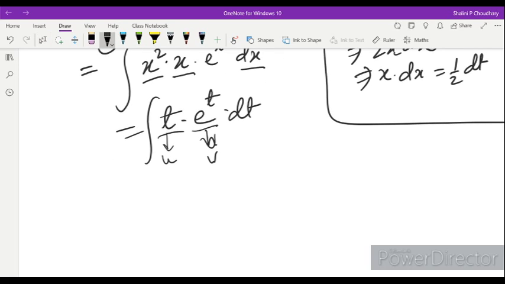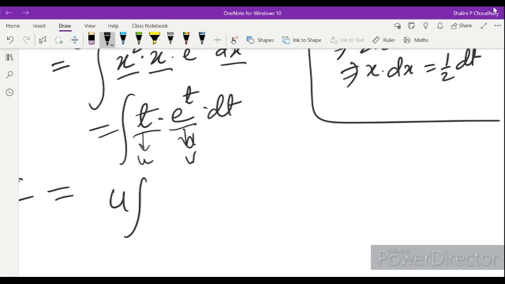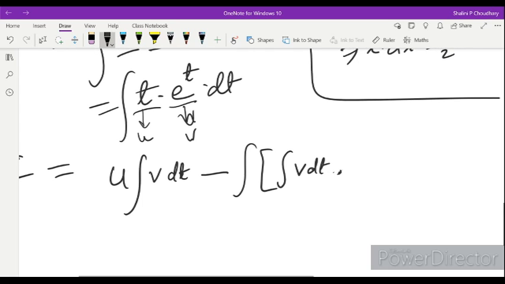Then the value of I will be equal to u into integral of v dt, then minus integral of v dt multiplied by du upon dt and dt, right?